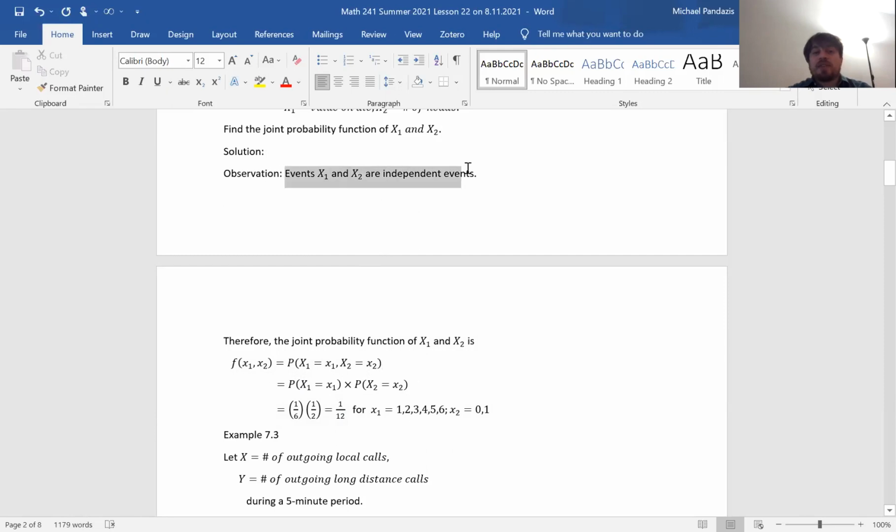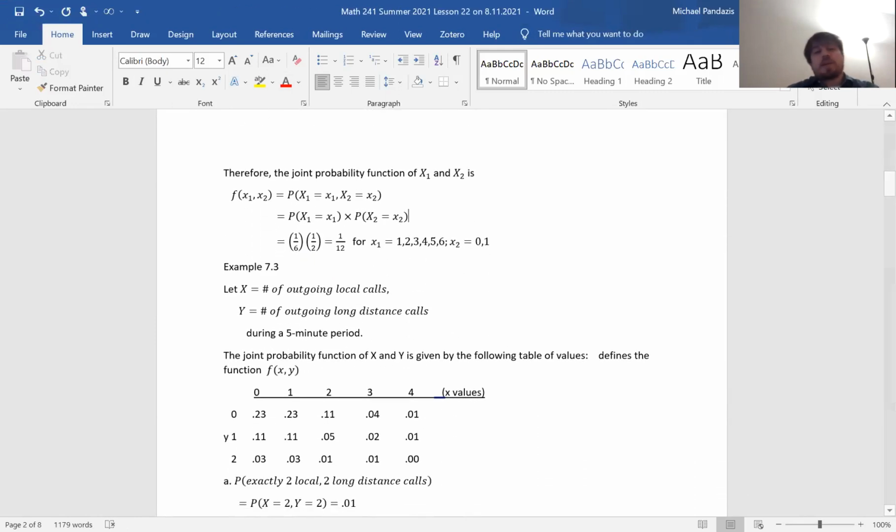That you need the fact that they're independent events in order to justify this equal sign right here. So that equal sign right there, again, is justified by this observation, that the two events x1 and x2 are independent of each other.